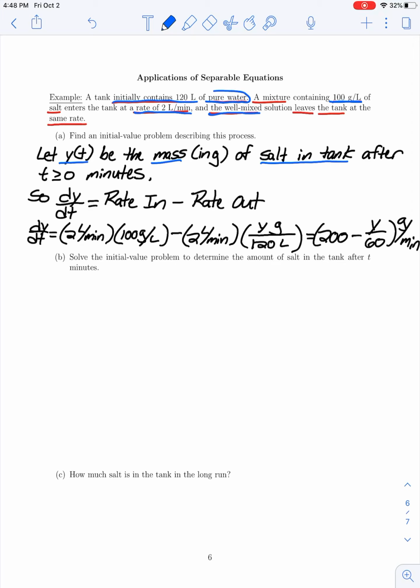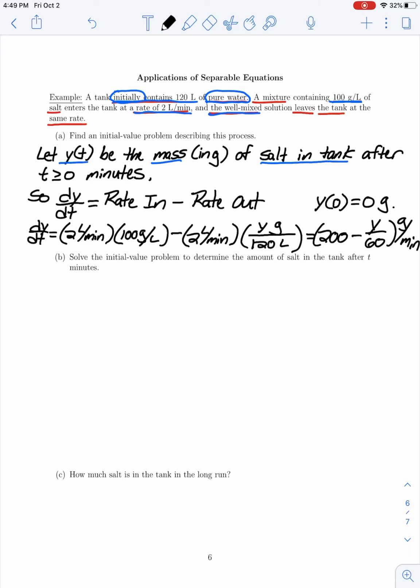So initially, that is at the moment that we begin this process at, say, time 0, we have no salt in this tank. It's containing pure water. So our initial condition would be that y of 0 is equal to 0 grams.